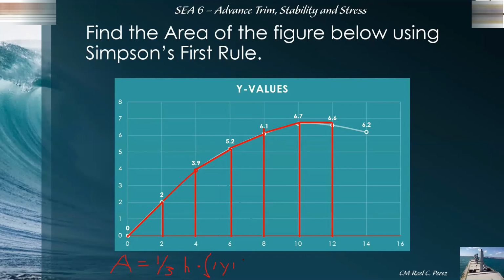So 1Y1 plus 4Y2, and then 2Y3. I'm having difficulty writing, although I'm using a pen mouse, it's still hard. 2Y3.